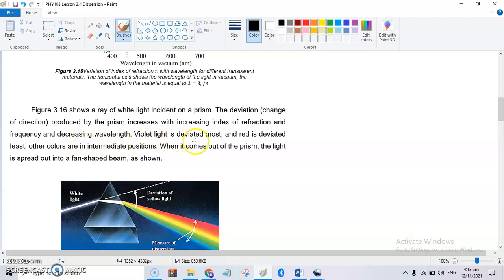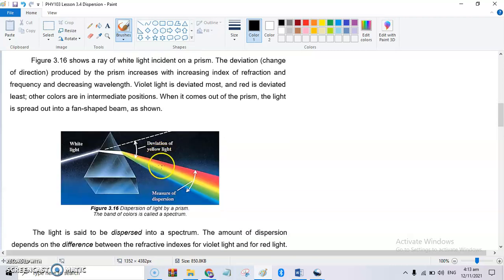Violet light is deviated most and red is deviated least. The other colors are in intermediate positions. So, as I said, violet light is deviated most and red is deviated least. Okay? And the other colors are in intermediate positions.